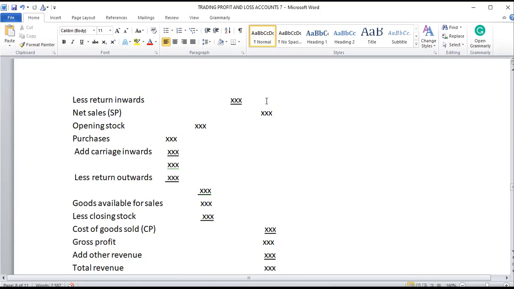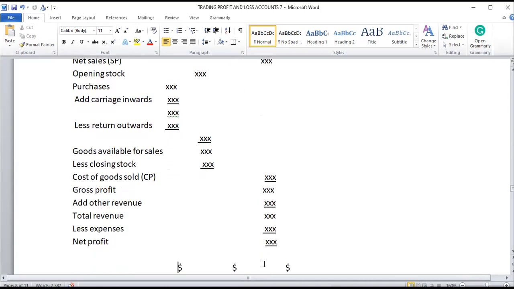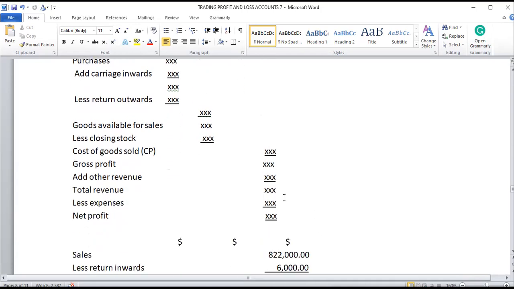So this is the first part of the trading profit and loss account. You finish with the trading activities. Then you have other revenue, you add it to the gross profit, so that your total revenue will be the gross profit plus any other revenue. Then you less all expenses from it so that you arrive at what?